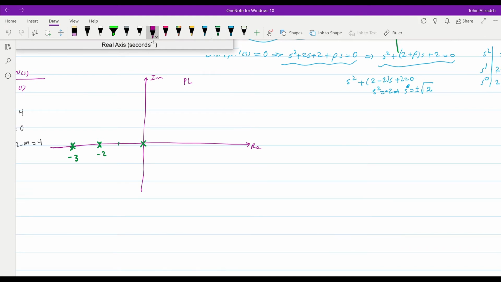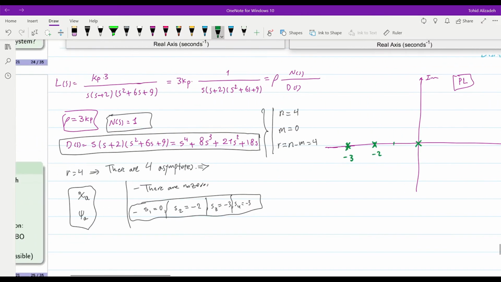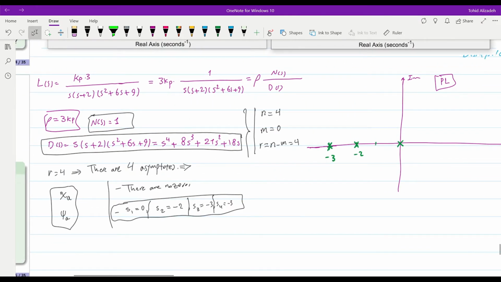And similarly for the negative locus, we will show the poles at -2, -3, and the origin. We can start by determining the point of abscissa and the angle of the asymptotes.